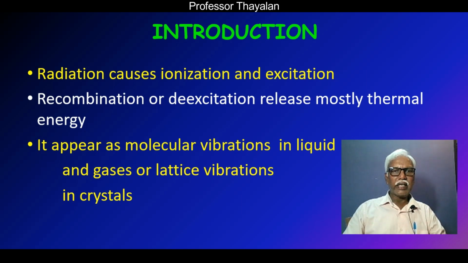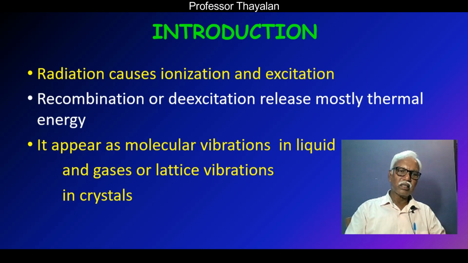We all know that radiation can cause ionization and excitation in matter. Ionization is the removal of an electron from a neutral atom. Excitation is raising the atom to a higher energy level.